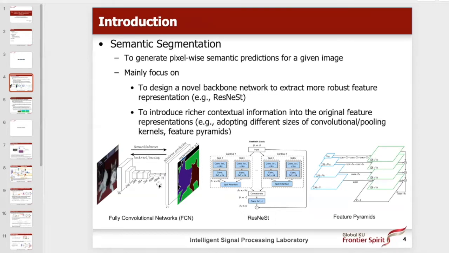Okay, what about image level? Image level, that is we send the whole image to the network, and the network will learn the information from the whole image, and it treats every pixel equally. Oh, okay.